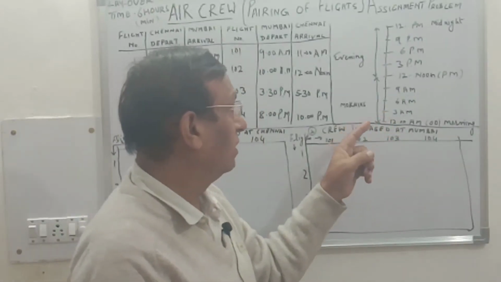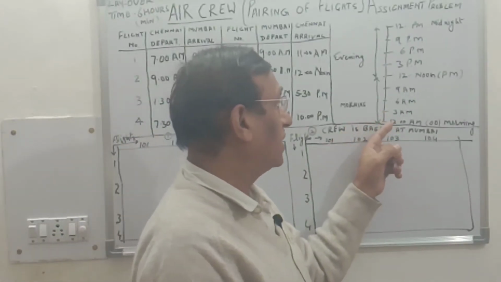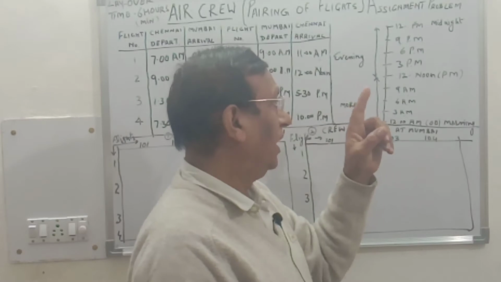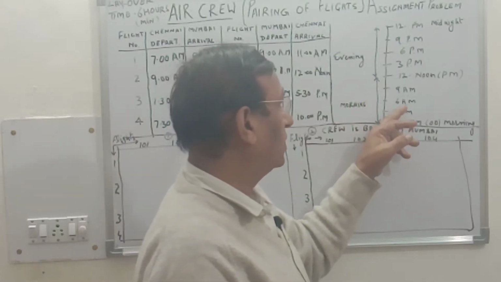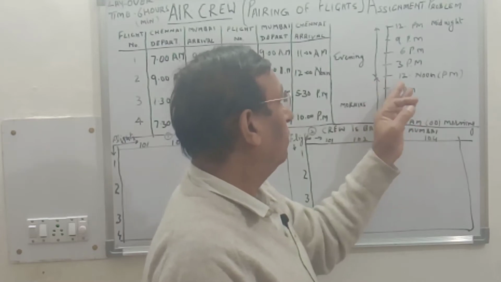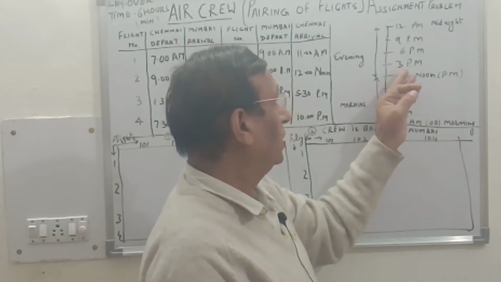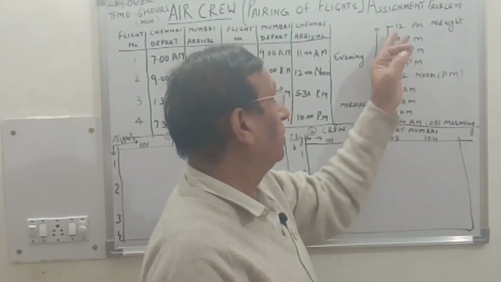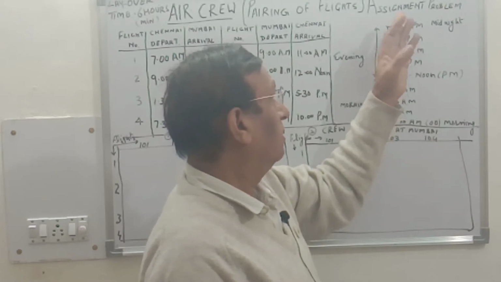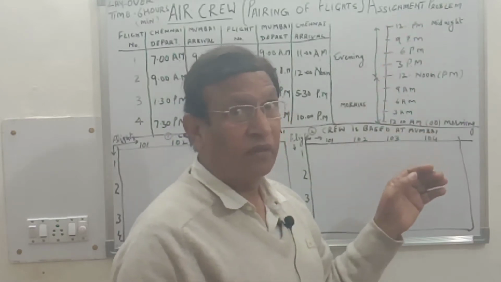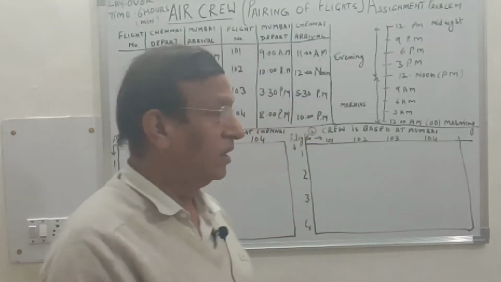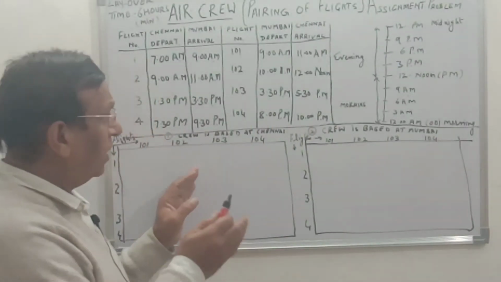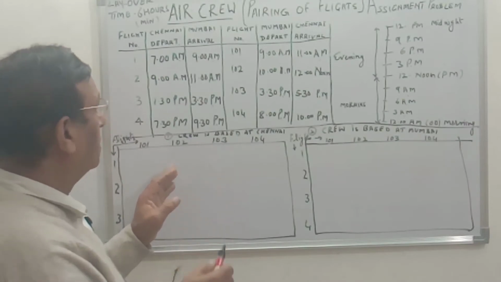You can say that our day starts from 12 a.m., 00 morning, then 3 a.m., 6 a.m., 9 a.m. So like a watch, 12 noon, then 3 p.m., 6 p.m., 9 p.m., and again we reach 12 a.m. So in order to calculate the time in hours, let us start doing the numericals.